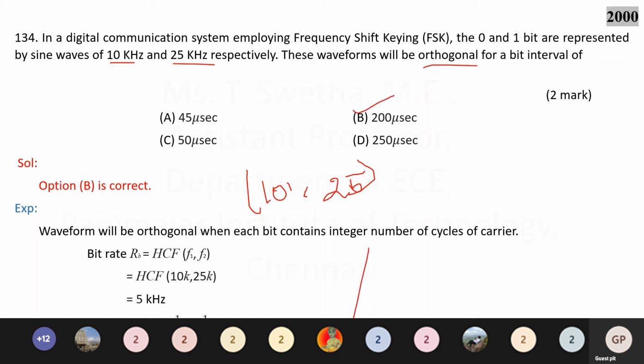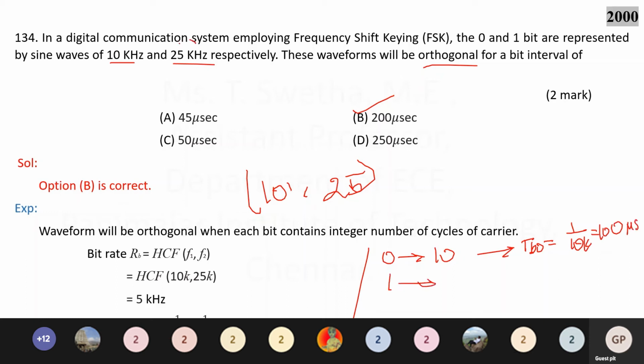Another method to solve this question: the 0 bit is for 10 kilohertz, so TB0 is equal to 1 by 10K, which is equal to 100 microseconds.